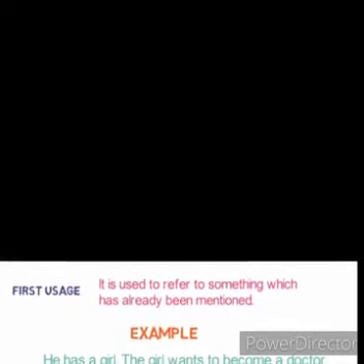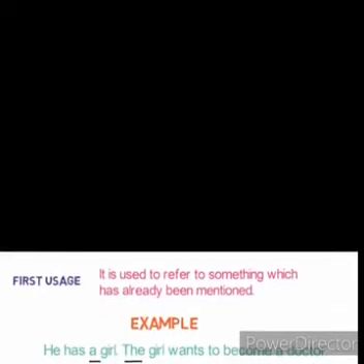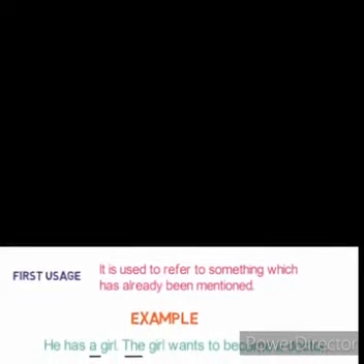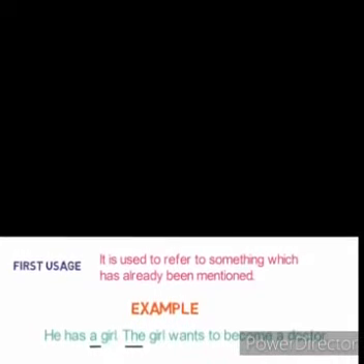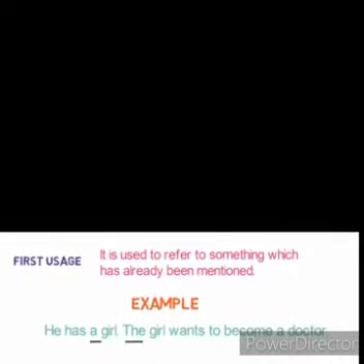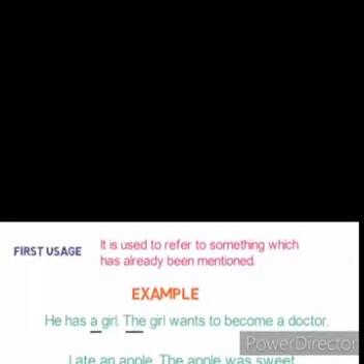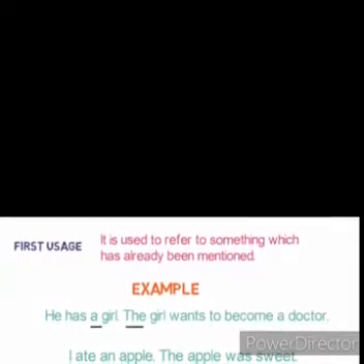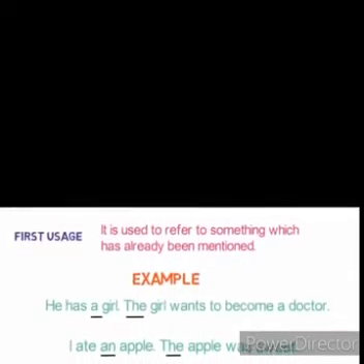For example, he has a girl. The girl wants to become a doctor. Now you can notice here that we have used article a when we referred to the girl for the first time. But we used article the to refer to the same girl again.